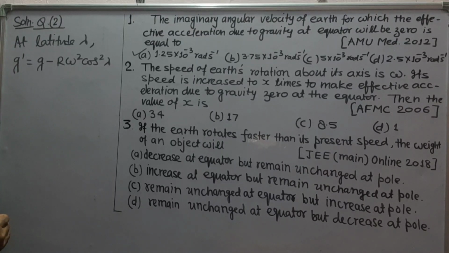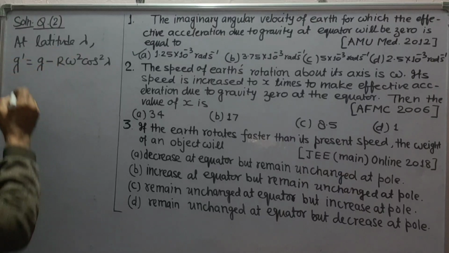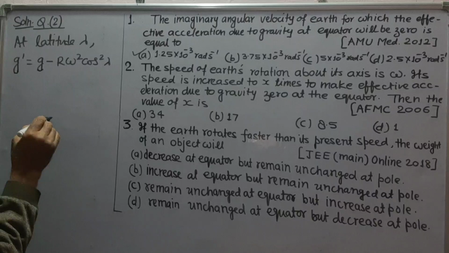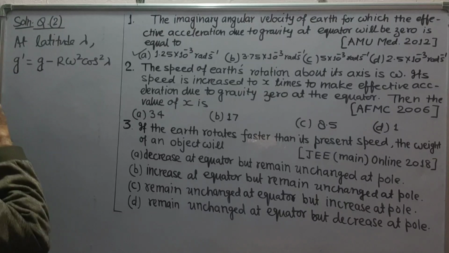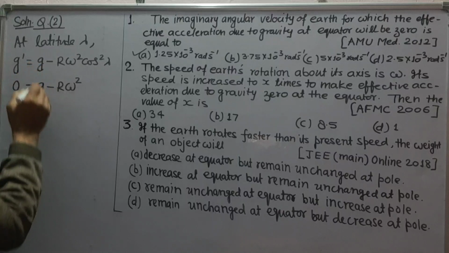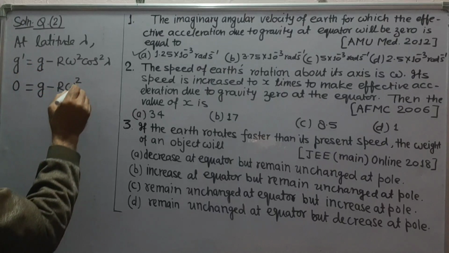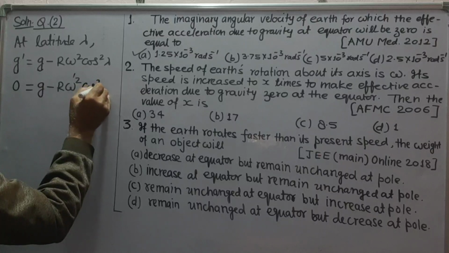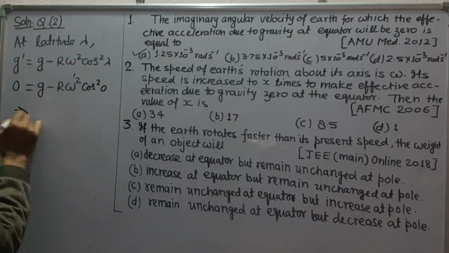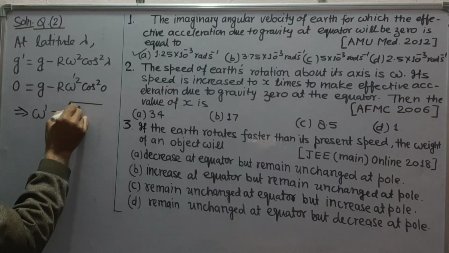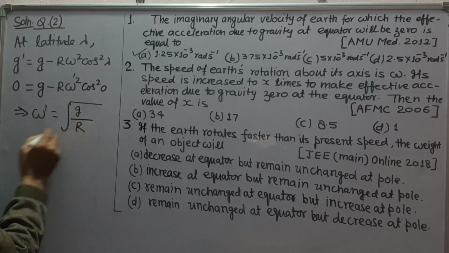Solution to question 2. At latitude lambda, g dash is equal to g minus r omega square cos square lambda. G dash is 0. Therefore, 0 will be equal to g minus r omega dash square cos square 0, which gives omega dash as under root g upon r.